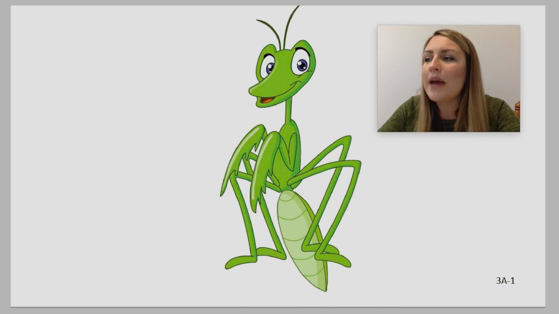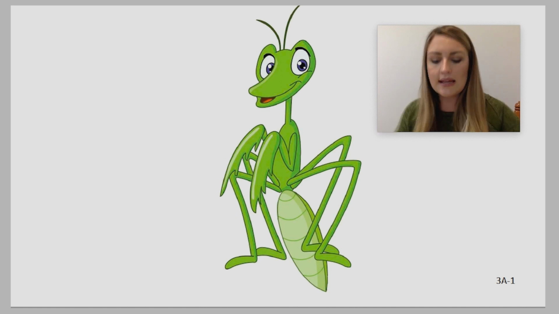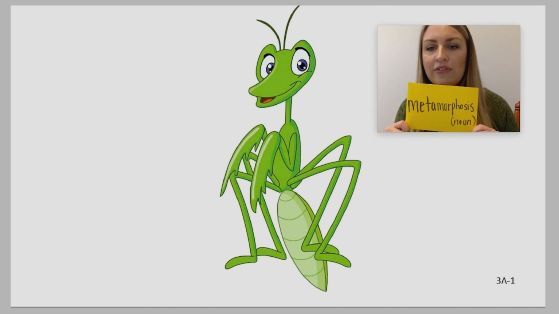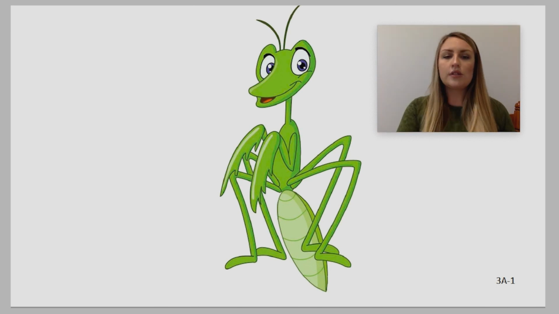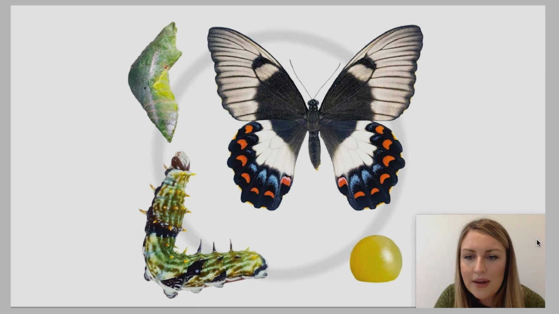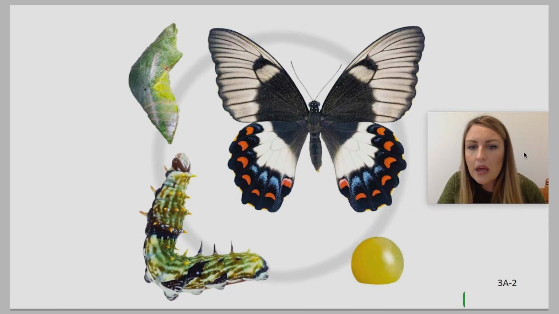The name of that process in which a caterpillar changes or morphs into a butterfly is called a metamorphosis. You say it, boys and girls. Metamorphosis. Very good. So this is the life cycle of a butterfly, or the metamorphosis that a butterfly undergoes.